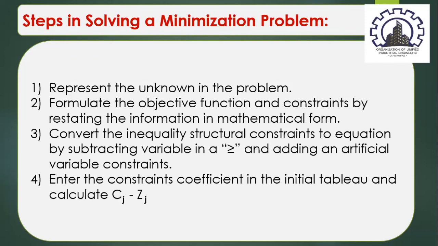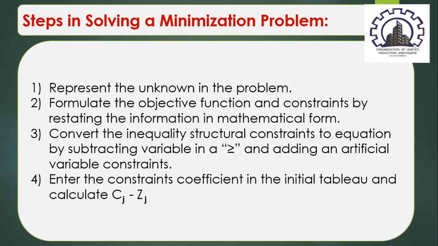Okay, in this case, since this is a minimization problem, the objective function should be to minimize the cost. And aside from that, we also need to formulate our constraints, referring to the linear structural constraints and the non-negativity constraint, by restating the information in mathematical form.